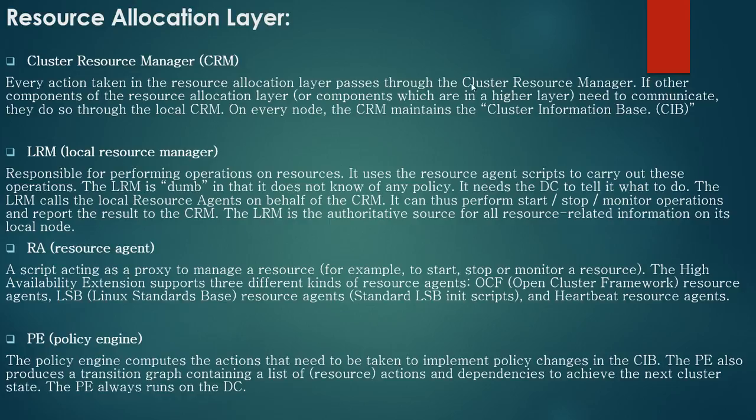So next, if other components of the resource allocation layer, or components in a higher layer, need to communicate, they do so through the local CRM. On every node the CRM maintains the cluster information base, right?